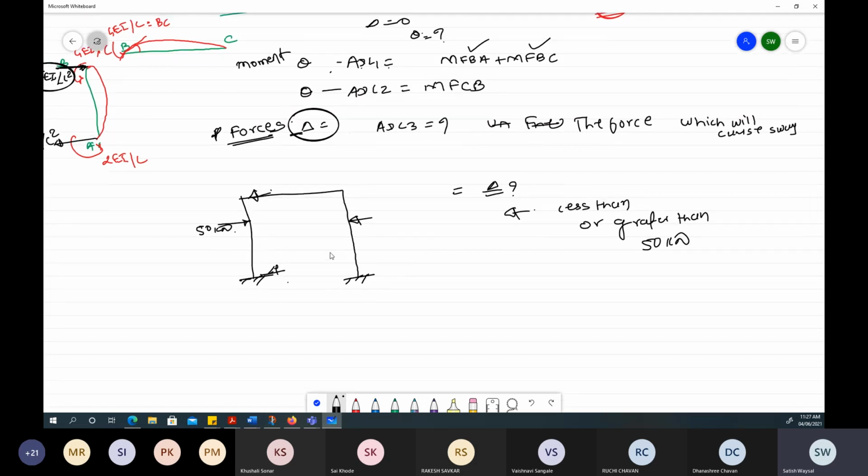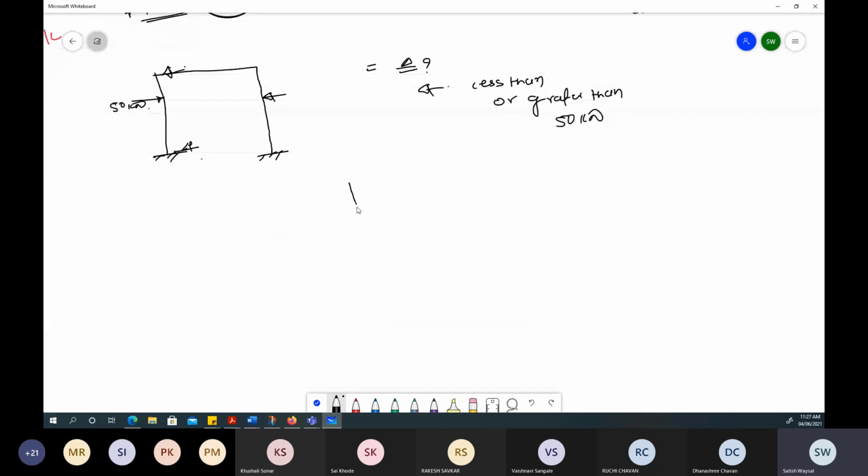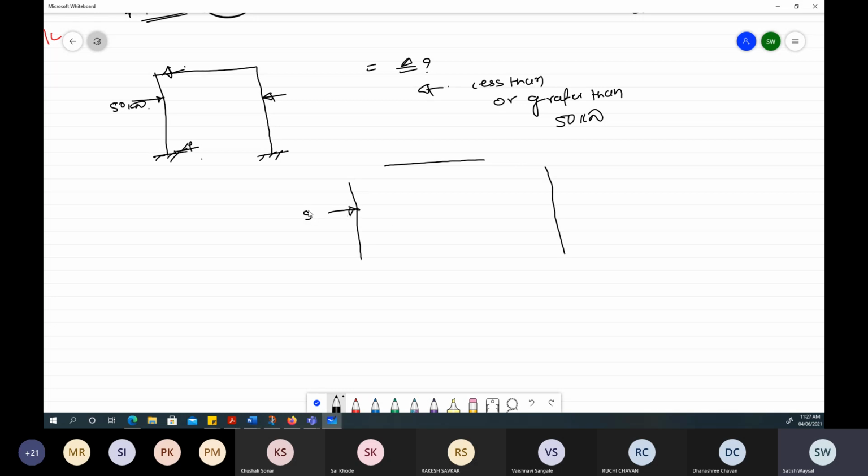How can we find this out? We simply have to draw the free body diagram of the structure. Now you show the 50 kilonewton load here. If loads are there, you show them over here. Otherwise, you only have to find out the reactions, considering the structure as statically determinate, and find out the reaction.